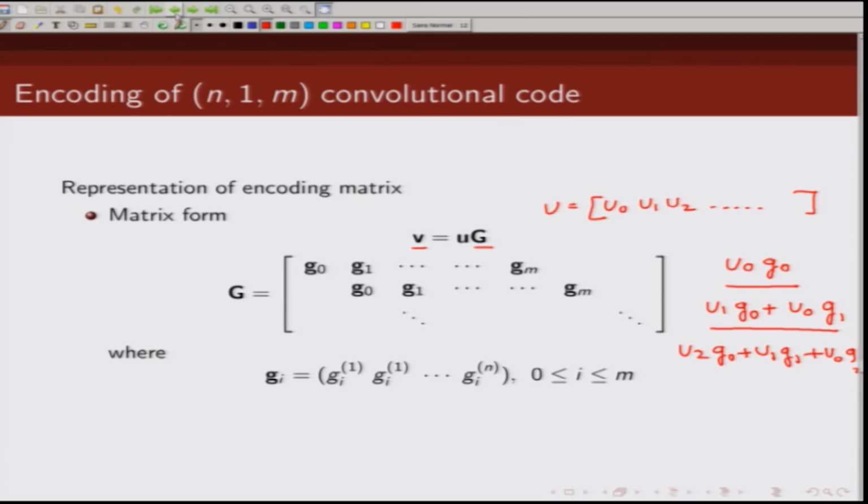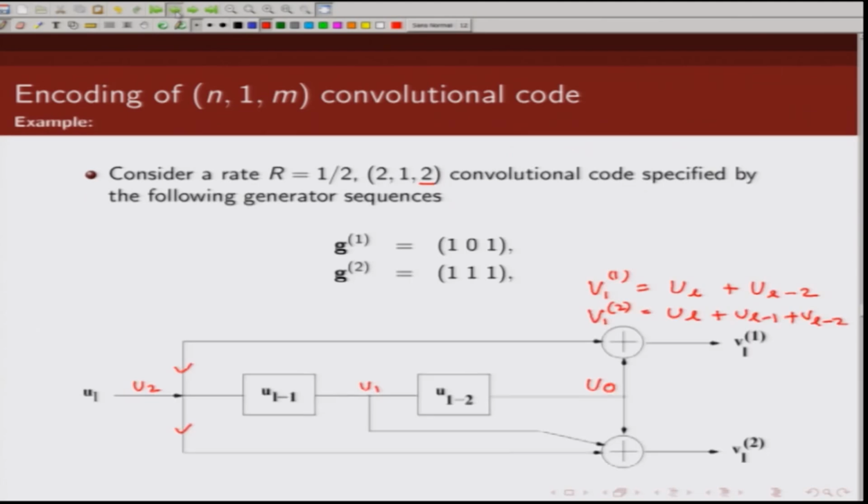What happens next? This U0 moves out. Here what we will get is U1. This will be U1. What about this? This will become U2, and this will become U3. So, what will be the output now?